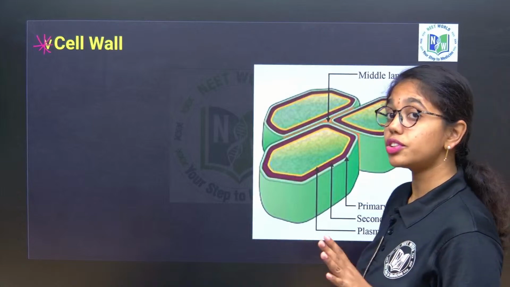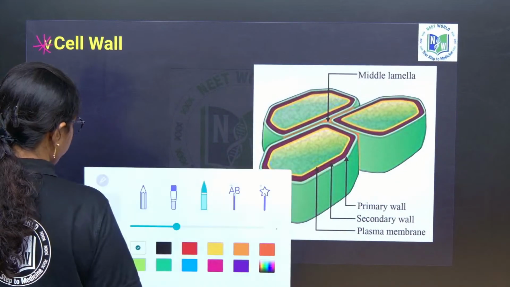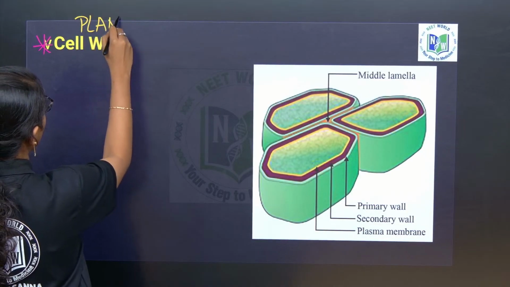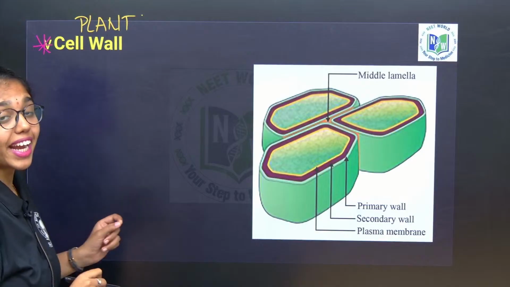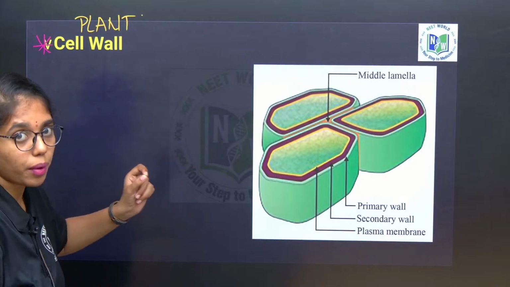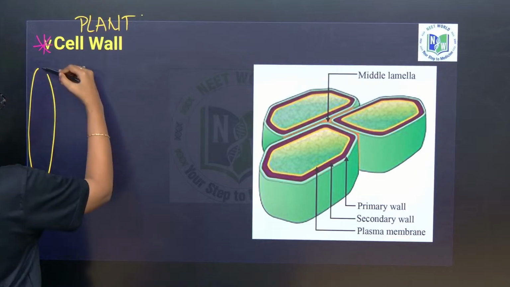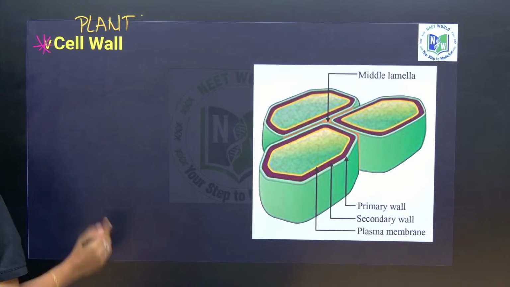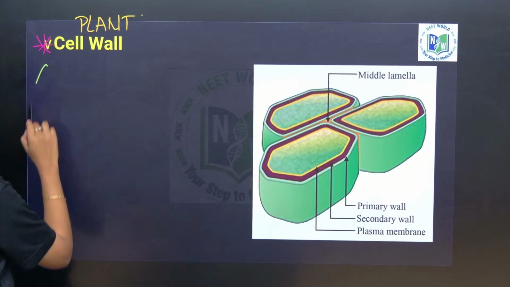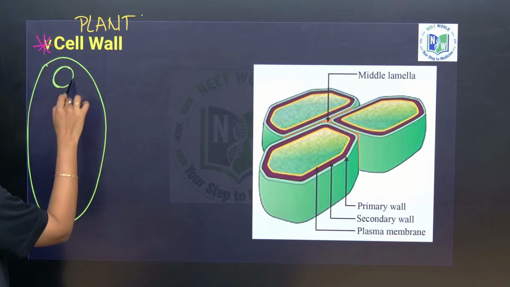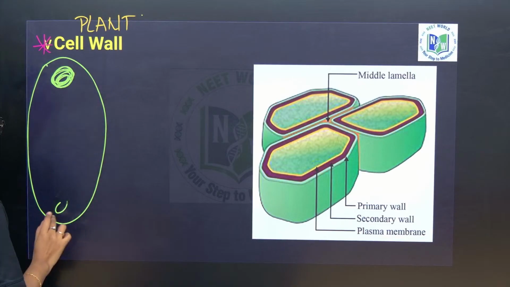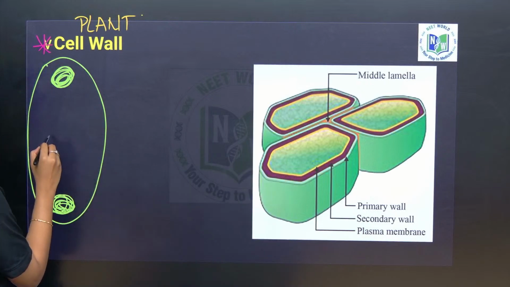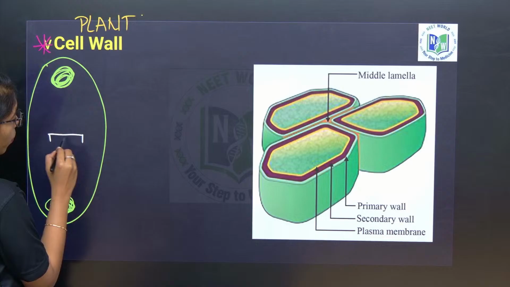Now, let us see the structure of plant cell wall. First, during the time of cytokinesis, how is the cell wall formed, let us observe. After telophase stage in the plant cell, two nuclei are present. At the center, first phragmoplast is formed.